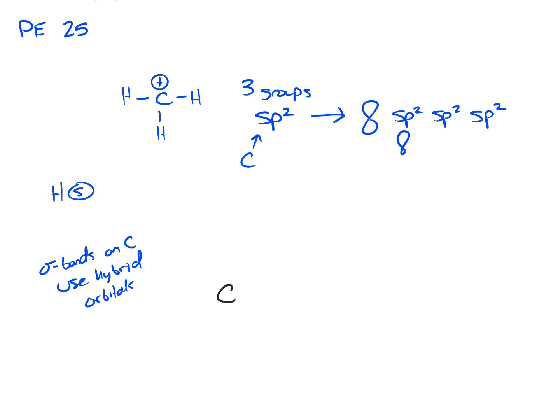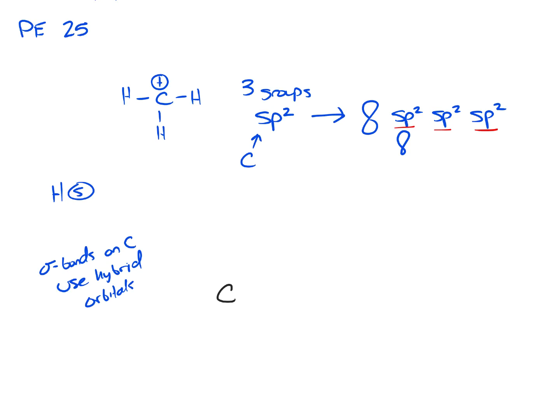Okay, sigma bonds use the hybrid orbitals on carbon. Double bonds, triple bonds use p orbitals. Okay, so we need 3 single bonds or sigma bonds to the hydrogens. We're going to use these 3 sp2 orbitals.